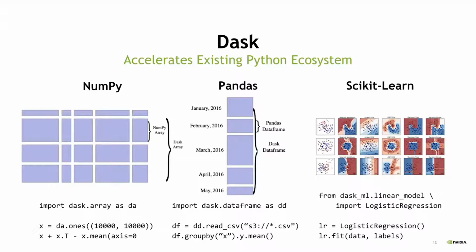So everyone who's familiar with NumPy will have no problems in scaling with Dask. The same for Pandas. A Dask data frame is just a cluster of Pandas data frames. And you can also use a DaskML library that is a rewrite of scikit-learn, or part of scikit-learn, to do some machine learning on these buffers, on these data frames or arrays.